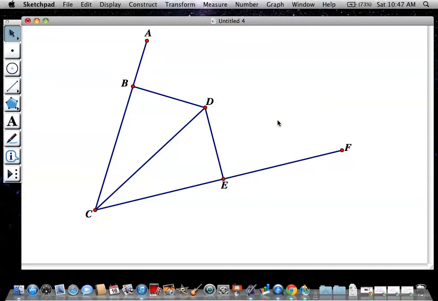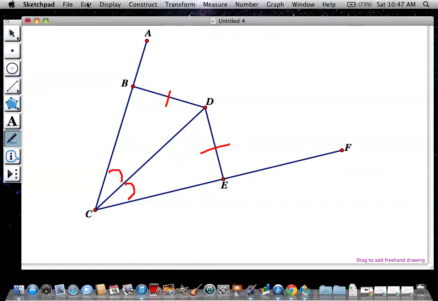Now, if I said that angle BCD here is congruent to DCE, so this is an angle bisector, then I can conclude that BD is congruent to DE by the angle bisector theorem.